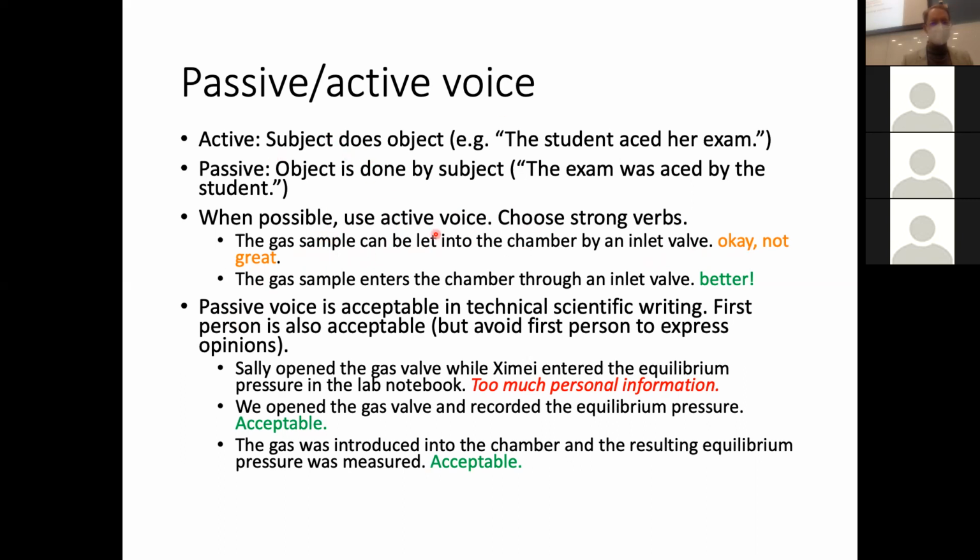The person letting the gas sample in, and it just says the gas sample, which is the object, can be let into the chamber by an inlet valve. But it's better to make the sentence active by writing the gas sample enters the chamber through an inlet valve. This has a nice strong verb, enter, and so the emphasis stays on the thing that you're looking at, the gas sample, and you just rewrite it to make it more active.